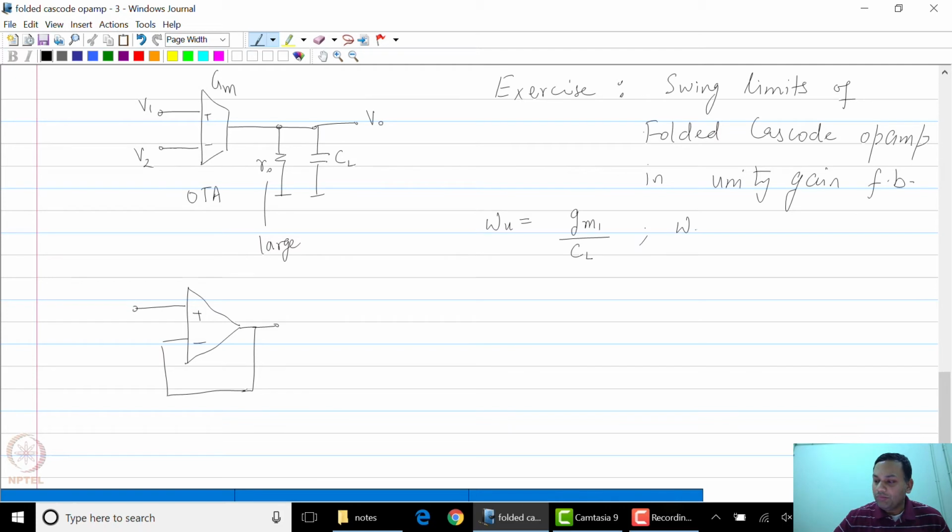Of course the dominant pole omega D should be at 1 over R out CL, because this particular op-amp has a much larger output resistance. It will have a much smaller dominant pole compared to a regular 5 transistor one stage op-amp, which we studied right at the beginning, even before the telescopic op-amp.